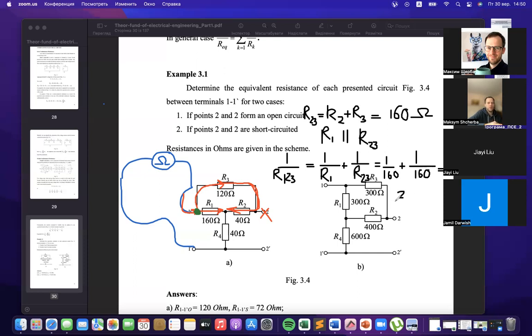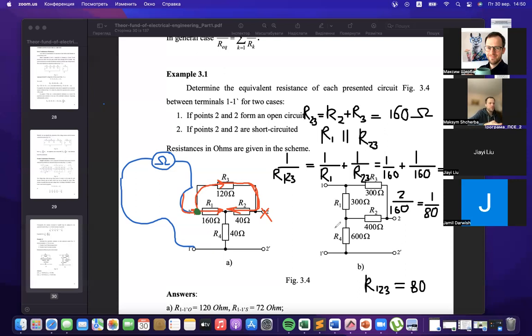It will be 2 over 160 or 1 over 80. And because resistivity is the opposite of conductivity, we could write that the resistivity of all these three elements will be 80 ohms.